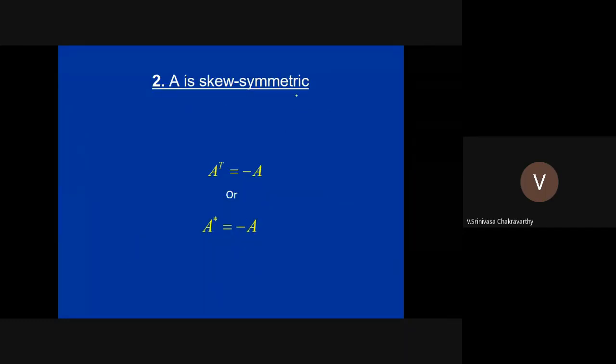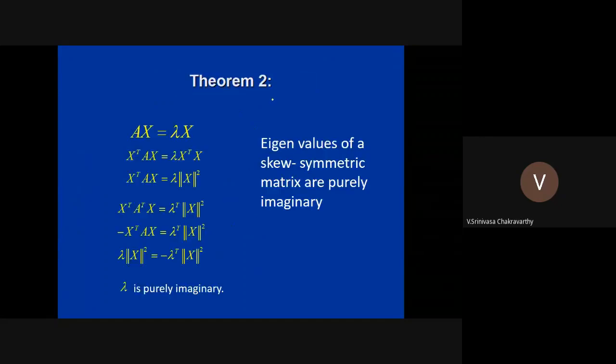Now, similarly, if we take a skew symmetric or a skew Hermitian matrix, they are all purely imaginary. And why is that? Because of the small difference. In the previous case, A equal to A transpose. In this case, A equal to minus A transpose, and that makes a difference. So again, multiply both sides by x transpose: x transpose Ax is equal to lambda x transpose x.